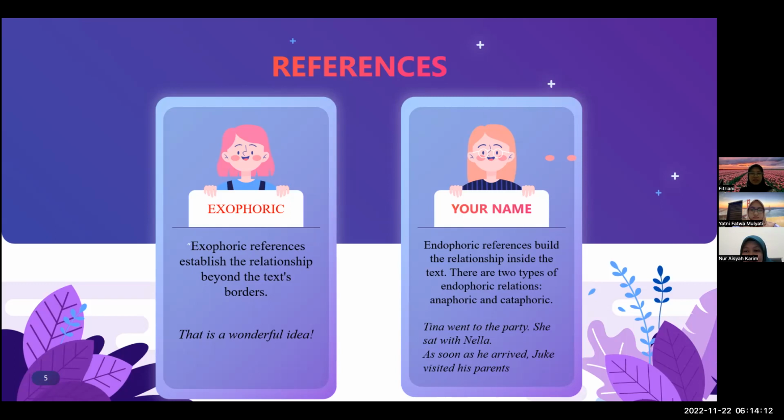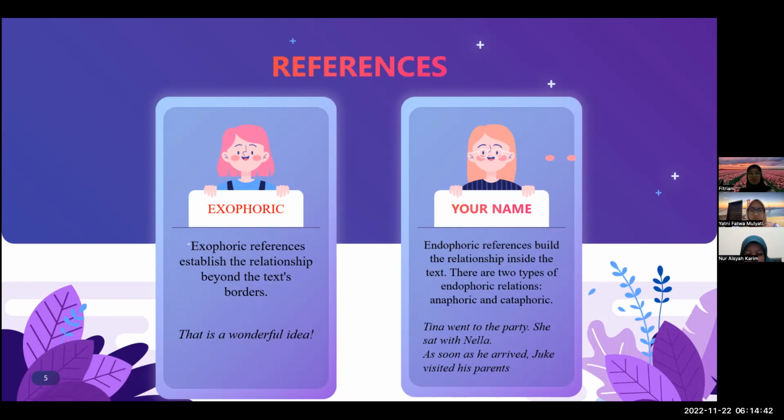From the exophoric example, "that is a wonderful idea," to get the meaning, the reader must look outside the situation. On the right side, endophoric reference builds the relationship inside the text.